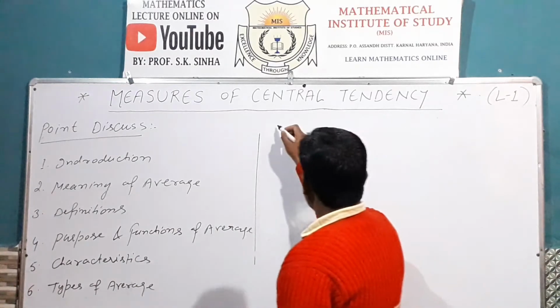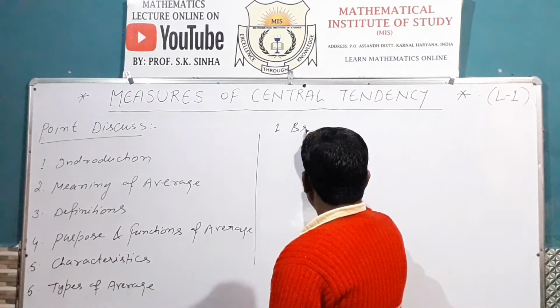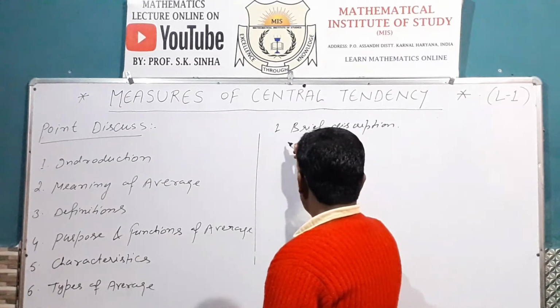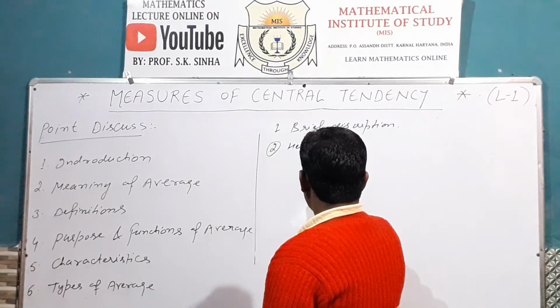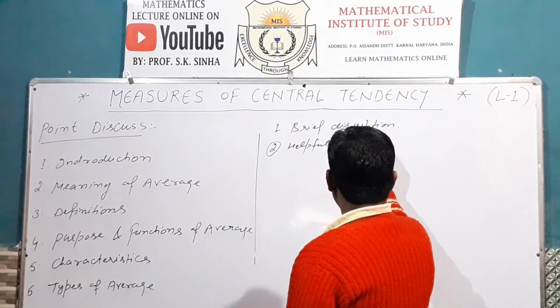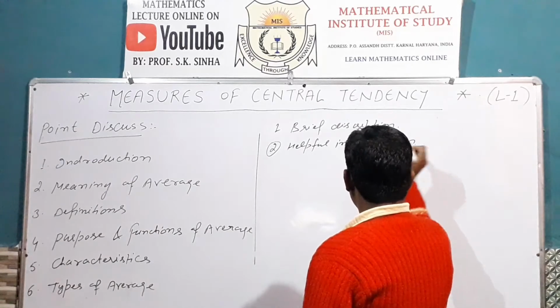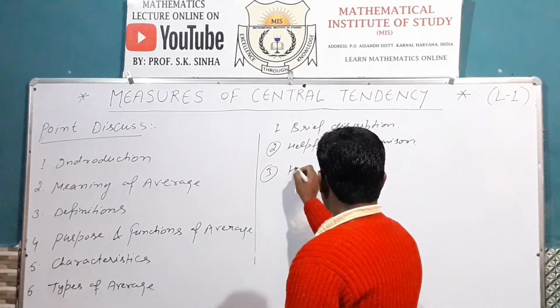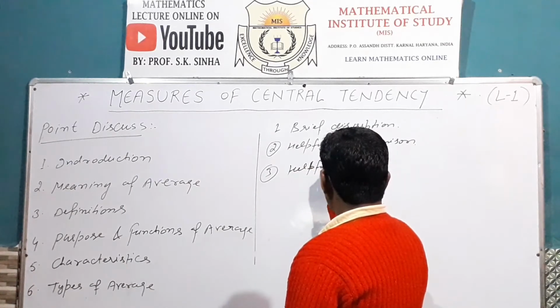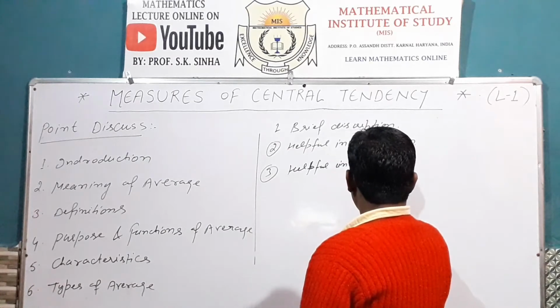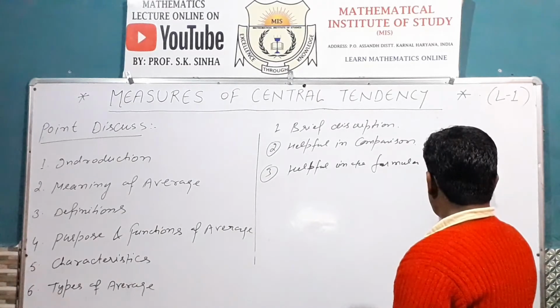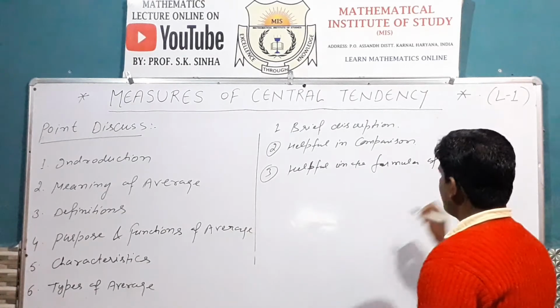Number 1, brief description. Number 2, helpful in comparison. Number 3, helpful in the formulation of policies.